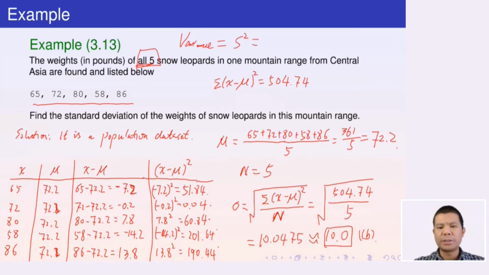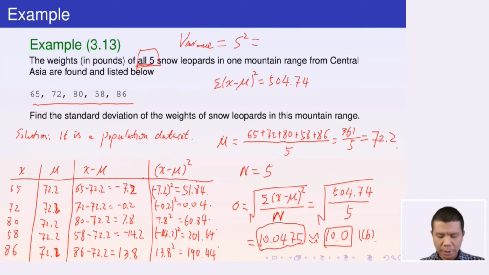One thing I want to mention is that you want to use the accurate value instead of the rounded value to calculate the variance. Sometimes if you round first and then take the square, it might be something different. So use the more accurate value of the standard deviation.